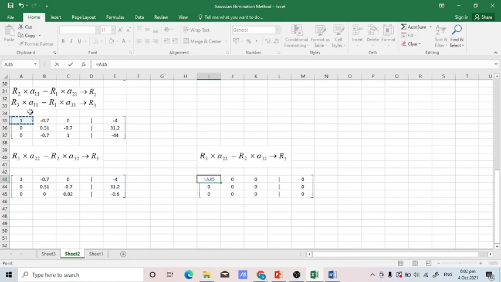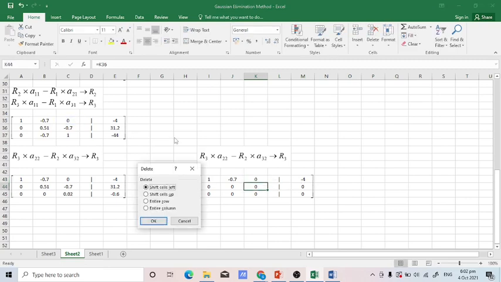Dito. Right? Row 1 and row 2. Diba? Tapos, si 35. Ayun. Tapos ito.